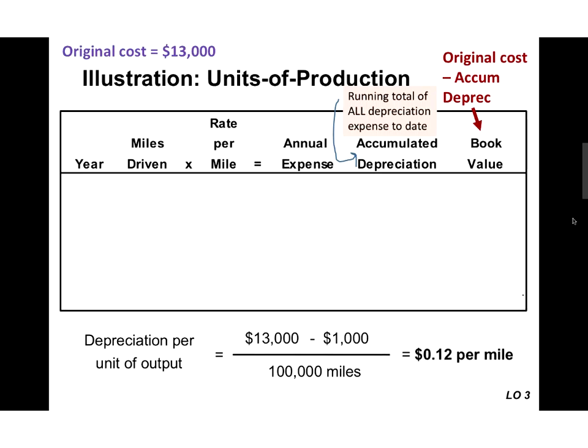So now that we have our 12 cents per mile, what we're going to do is take the miles driven in year one, they tell us they're 2014, times 12 cents. In 2014, we drove 15,000 miles times 12 cents, gives us depreciation expense of $1,800. So then our $1,800 is our accumulated depreciation for the first year, because we don't have anything else other than that.